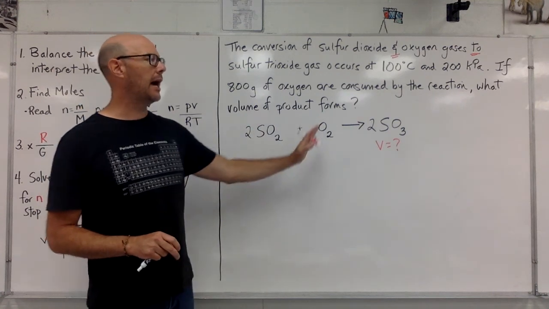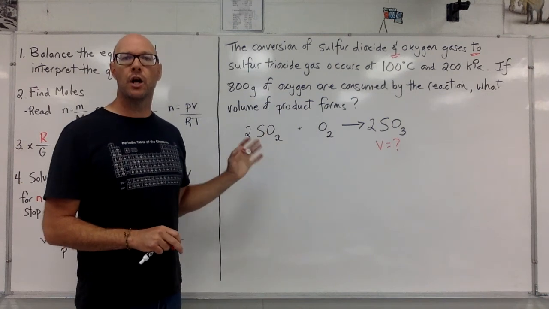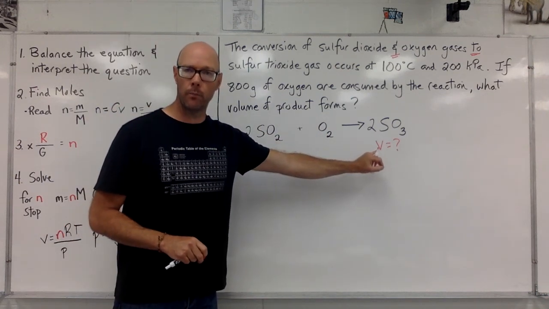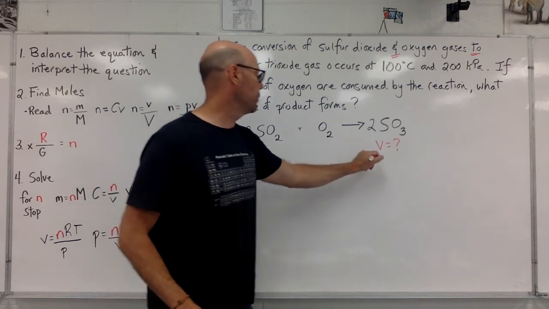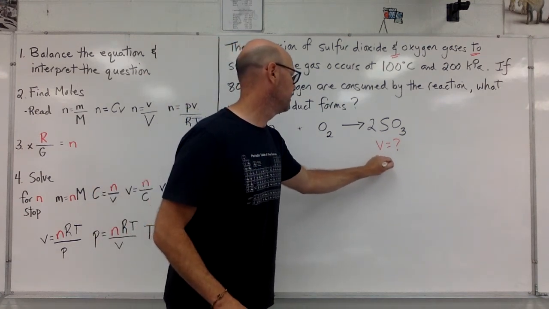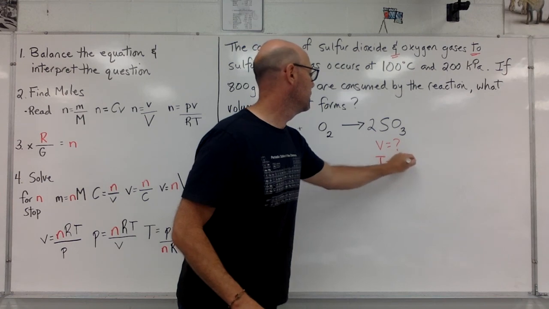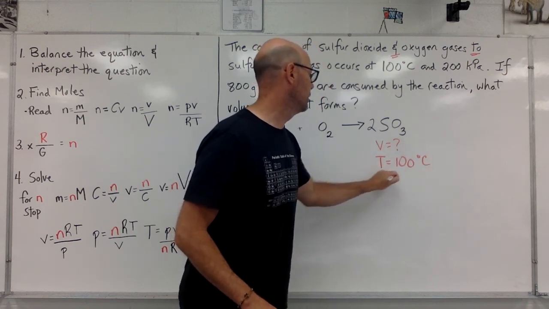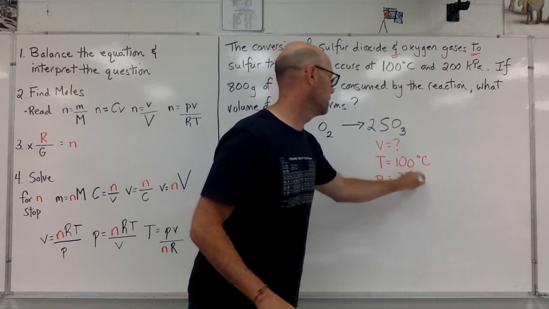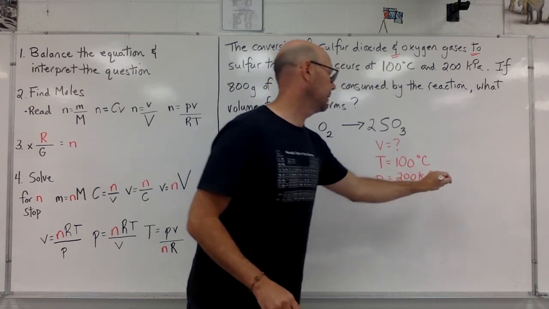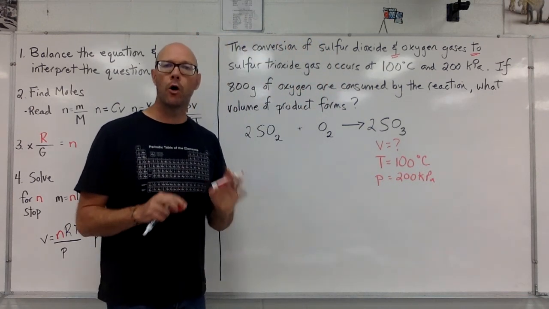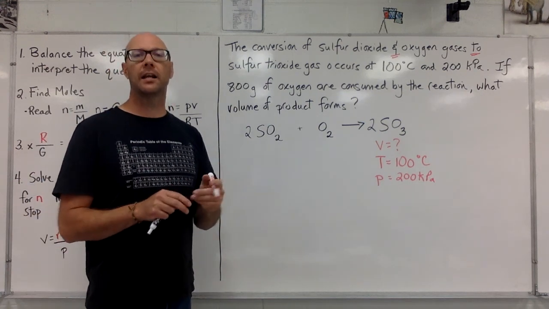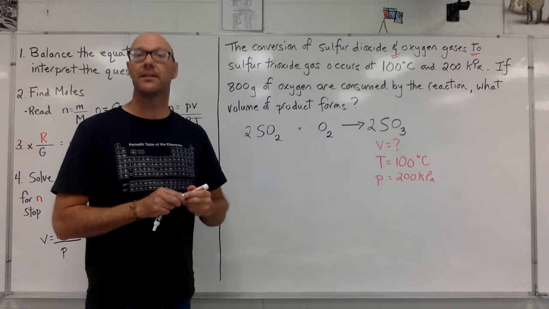We could apply that temperature and pressure to any of the 3 chemicals. But here's the unknown part of the question. And so the temperature goes there, 100 degrees Celsius, and the pressure, 200 kilopascals. I'm already thinking that, every time in the whole course, the temperature has to get converted into Kelvin. That's a thing to think about.